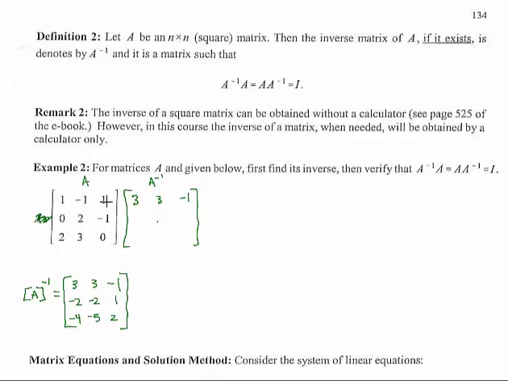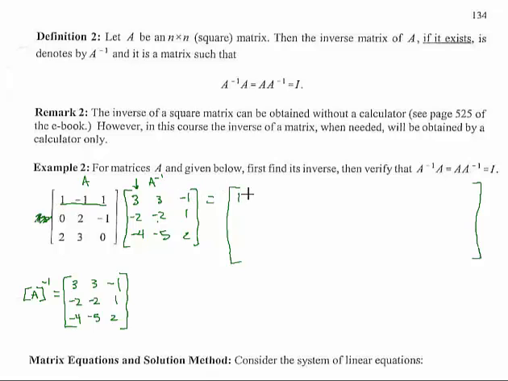We start off with the rows of A and multiply them by the columns of A inverse. Okay, so row 1 times column 1.